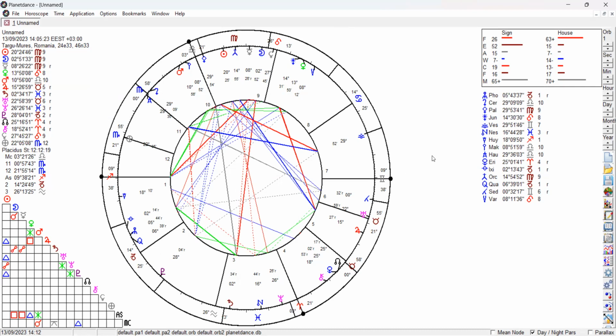The descendant I've spoken about. So exactly your relationship, what kind of imprint, impact do your connections, other people, leave on you? And vice versa, what do you project upon them as well? Then this is already the seventh house. So the seventh house begins with the descendant. In this case, it will be 9 degrees of Gemini.